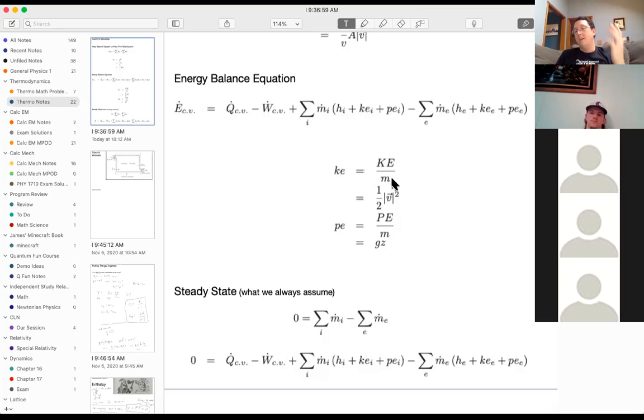It's even worse, or rather you have a more complicated conversion to do for barbaric units, BTUs and foot-pounds and stuff. And so that means these kinetic energy terms typically are very suppressed, and potential energy terms are numerically even more suppressed. They're just going to come out smaller and smaller. So frequently you can ignore the kinetic and potential energies.